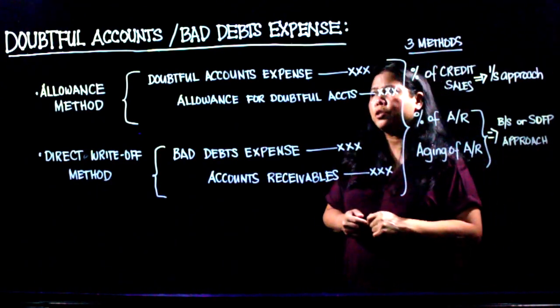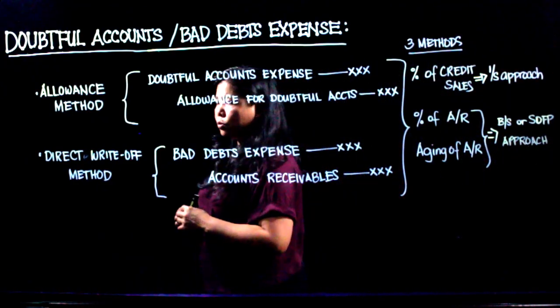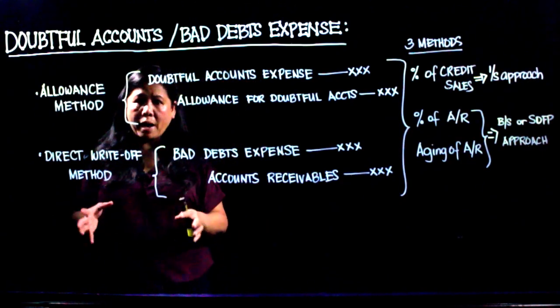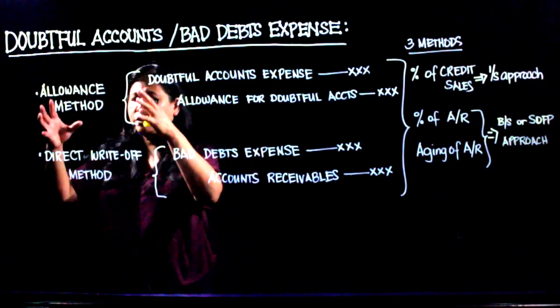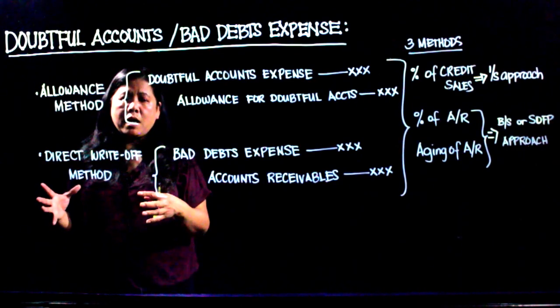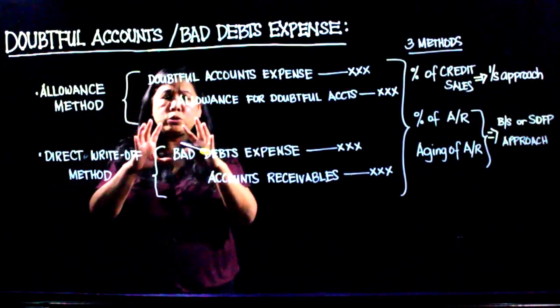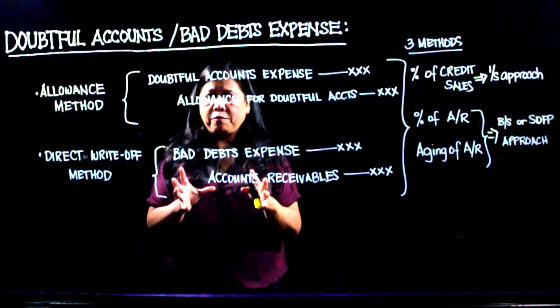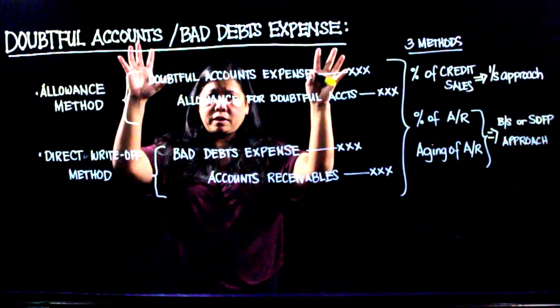All right, so let me repeat this. For doubtful accounts or bad debts expense, we use these two methods in accounting for the journal entries of the bad debts expense.